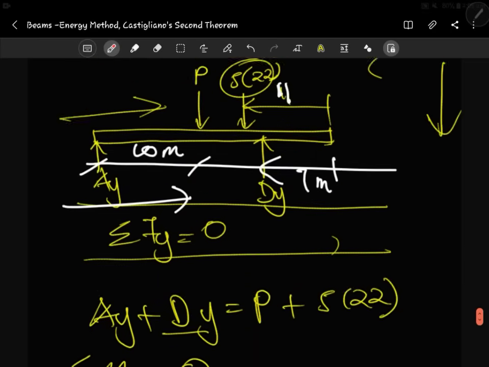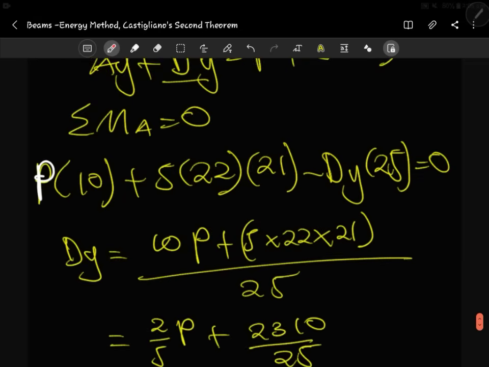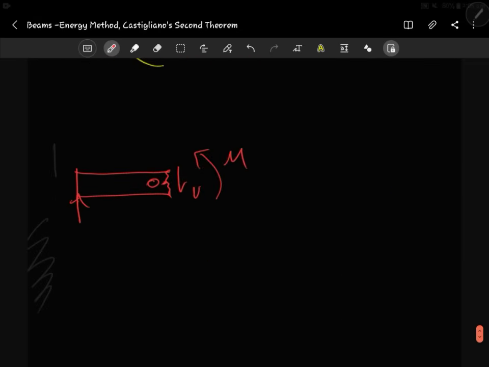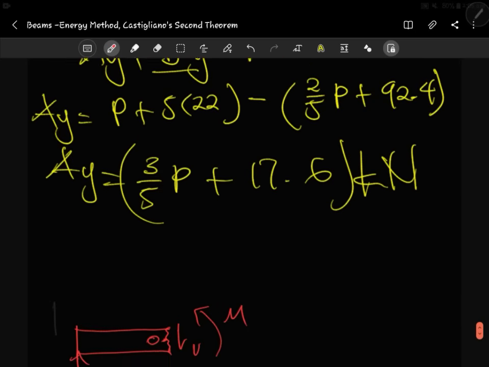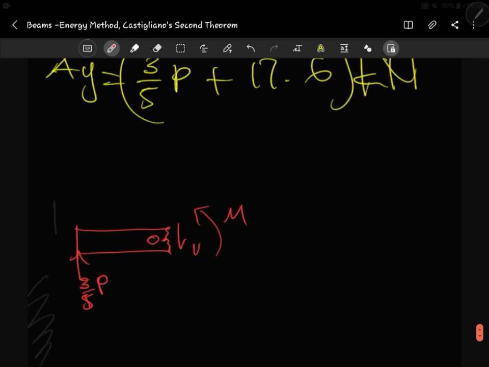So we know that our section starts from here and ends at where this green line is, right. So the only thing that we meet is just this reactional load at E, right. The reactional force at E, sorry, which we've now found. Ey is 3 on 5P, right, plus 17.6, right.